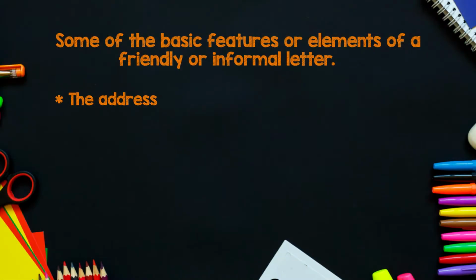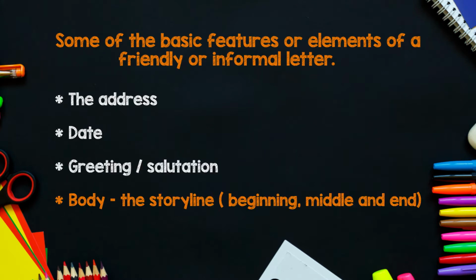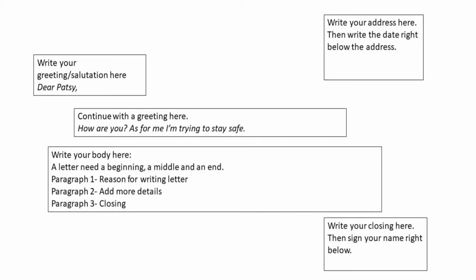The address, and that's the address of the writer. The date, the greeting or salutation, the body, which is the storyline. And remember, you must have a beginning, middle, and the end in the body. Thereafter, we have the signature. So here's a template to remind you of what your finished work should look like.